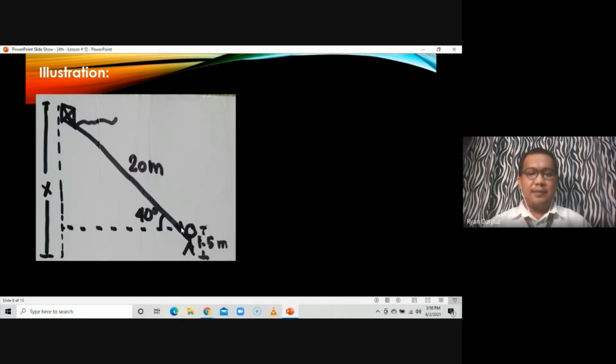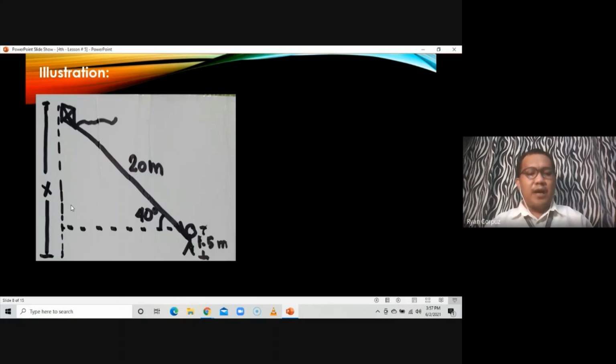Then the string is 20 meters long. From the horizontal, it makes an angle of 40 degrees. What we are asking is how high the kite is from the ground.